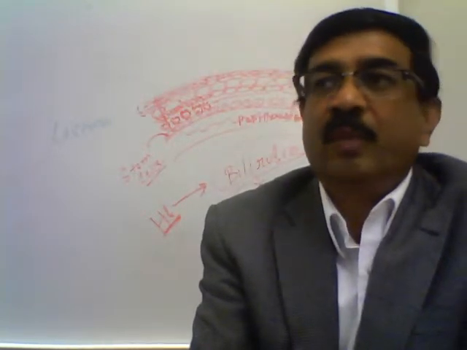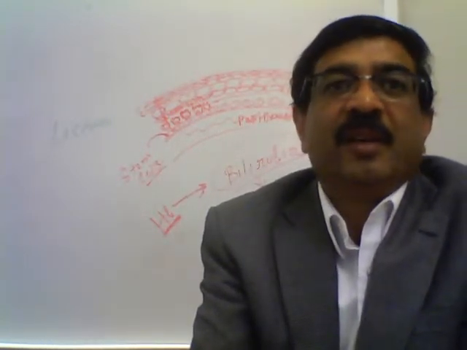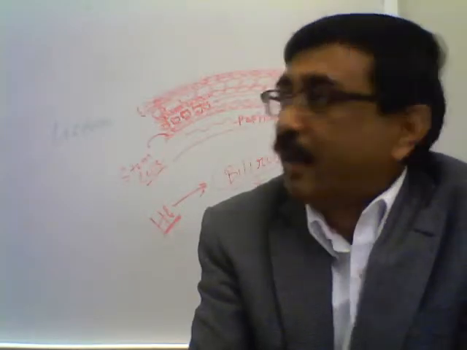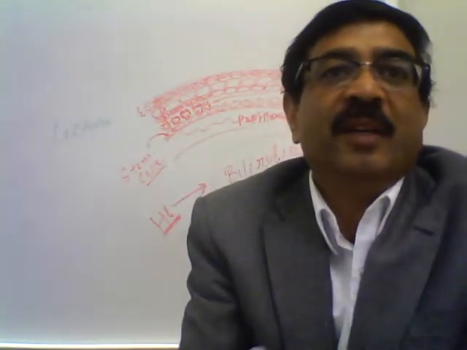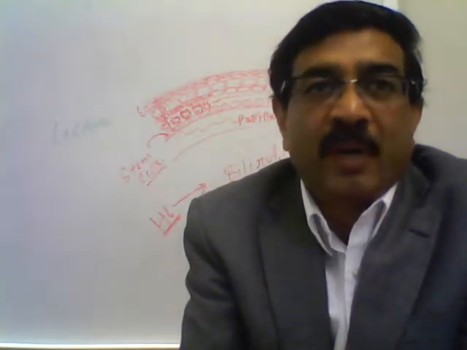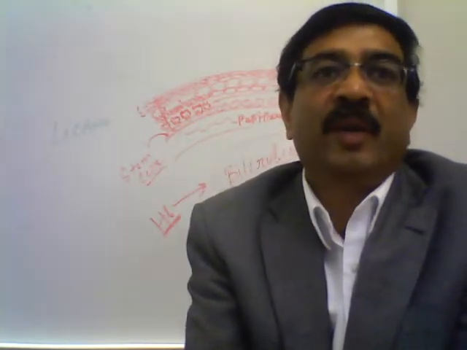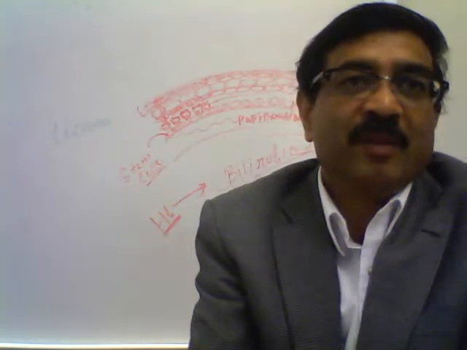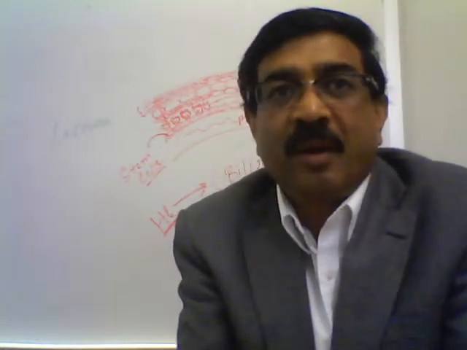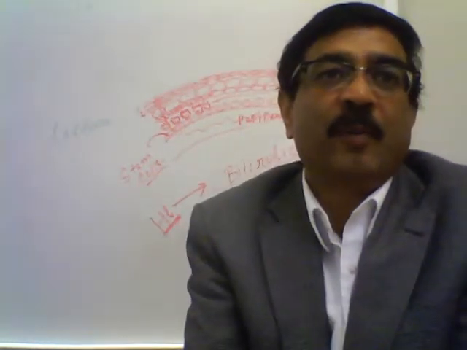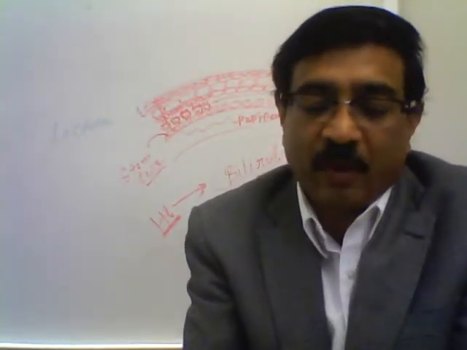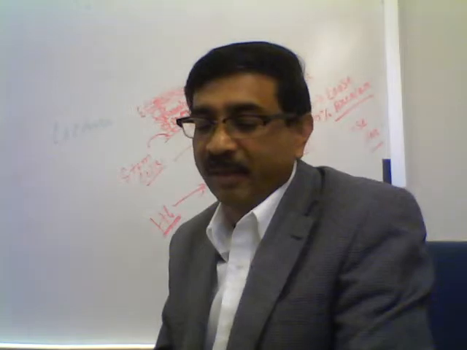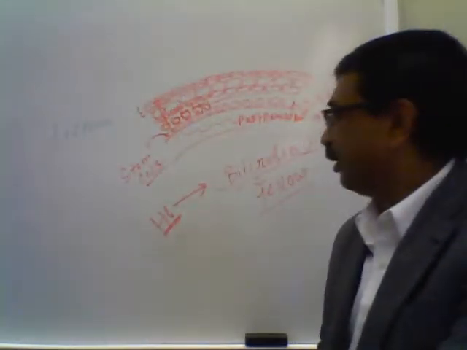What are those three modes of secretion? Merocrine, apocrine, and holocrine. Those glands that release by merocrine way are called merocrine glands. Those that release chemicals by apocrine way are apocrine glands, and those by holocrine method are holocrine glands.